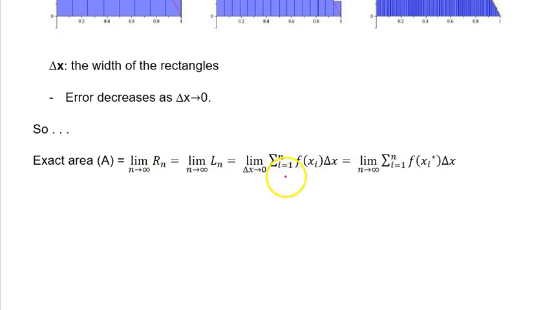Another way to write this is using a Riemann sum. Delta x, again, being the width between the x values, as those get to 0, so your width is getting smaller and smaller, you're getting exact area. Or if you're using a Riemann sum and the number of rectangles is becoming more and more, getting close to infinity, then you're getting an exact area.